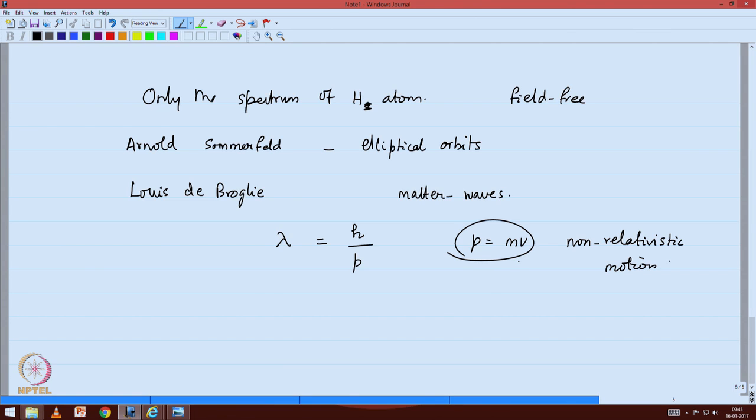For our case, we will only worry about the non-relativistic motion, but h is Planck's constant again. And the association of a lambda with a concentrated or localized mass entity during motion was seen as a new phenomenon, a new type of matter, and this led to questions whether such matter waves can actually be detected, or do they exist, and so on.